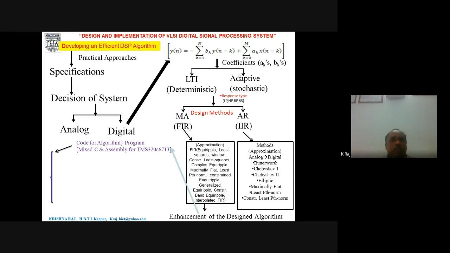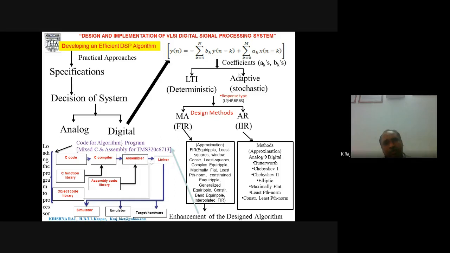Next, whatever the code is, it will be converted into .out or .win form, so that it can be downloaded to a given target, and for that purpose we can use any integrated development environment.